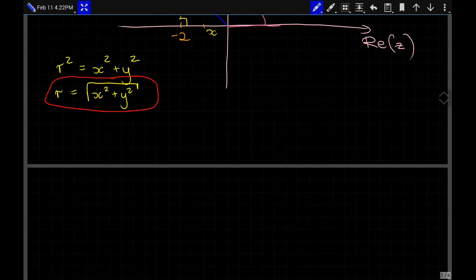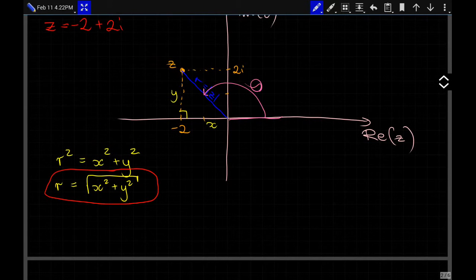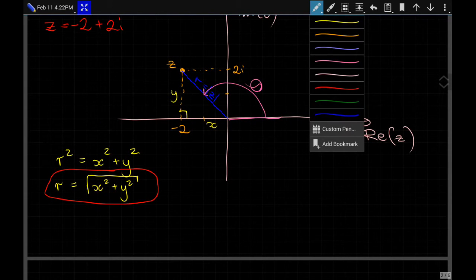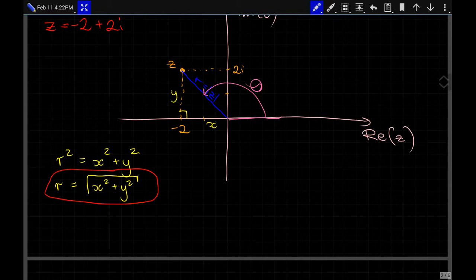Okay. Now again, if we look at the picture, we'll try to draw a unit circle there. Okay, this is our unit circle with the radius of 1.